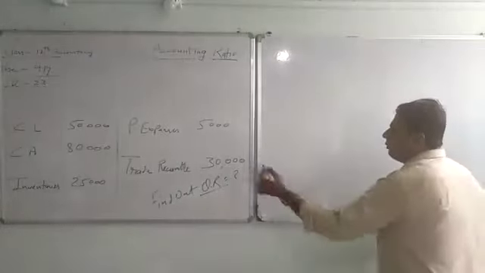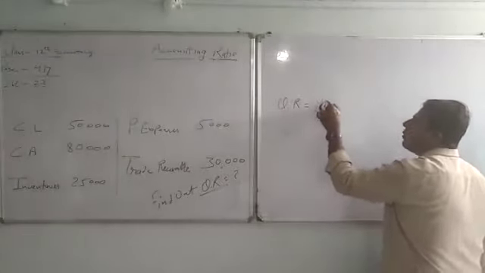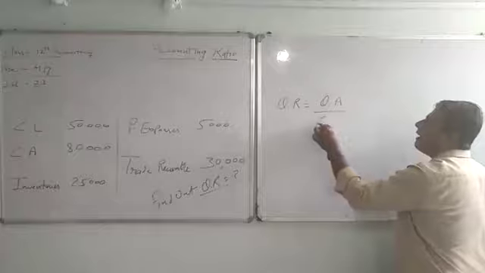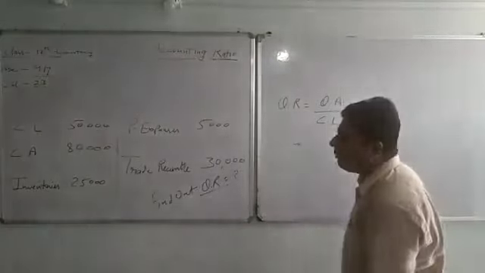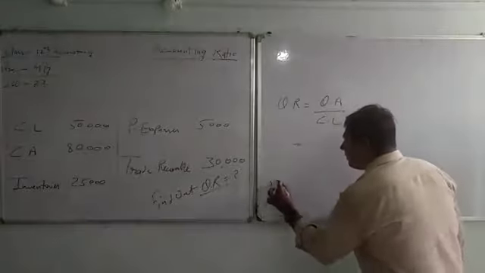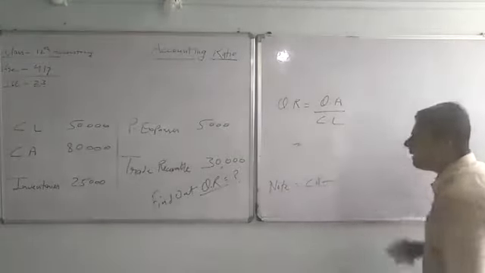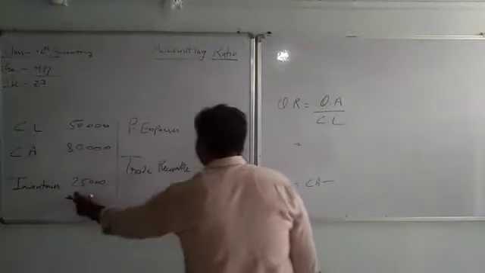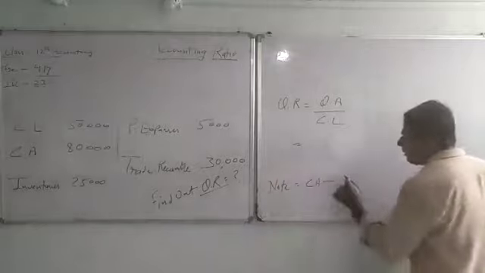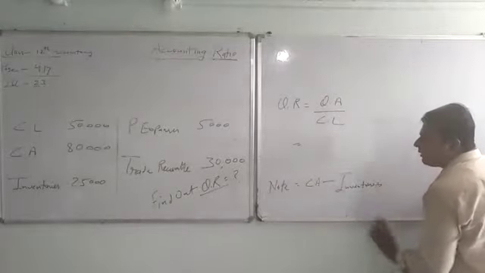Now for finding the quick ratio, here is the solution. Quick ratio is equal to quick asset divided by current liability. Okay, so which are the quick assets here? Quick asset is not given, so we have to find it: current asset minus inventory. Inventory does not come under quick assets.